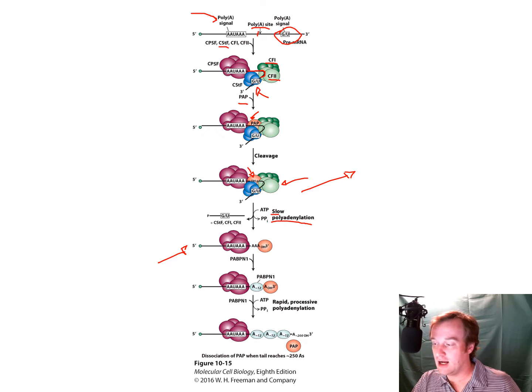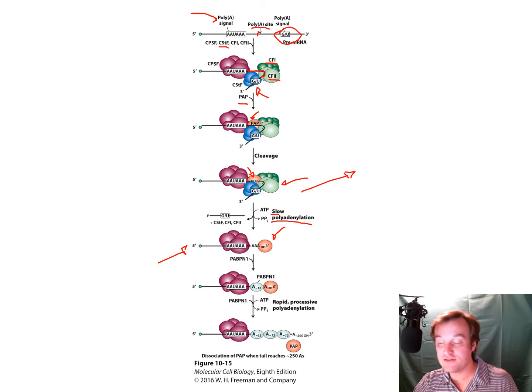So PAP, which is poly A polymerase, comes in and slowly adds about 12 A residues from ATP at a slow rate to that 3' hydroxyl group.